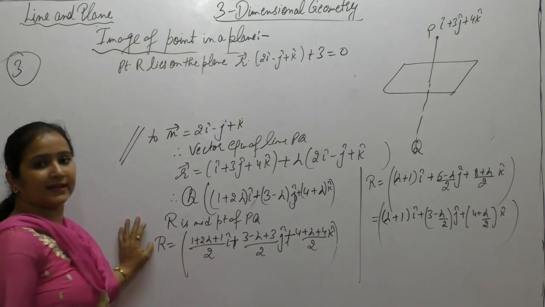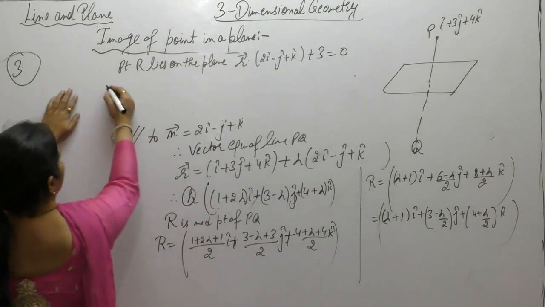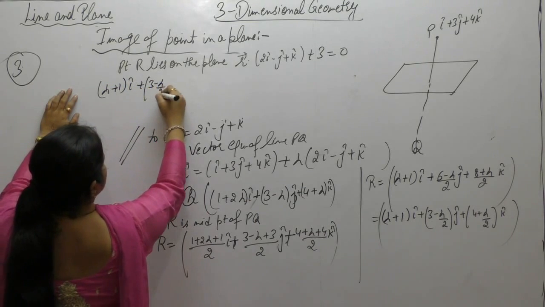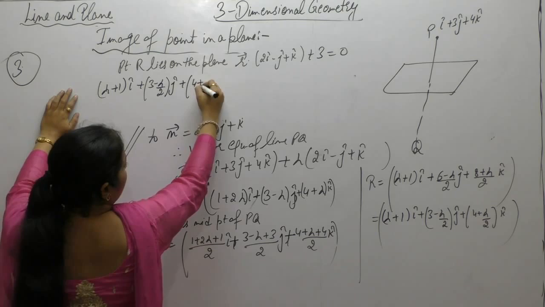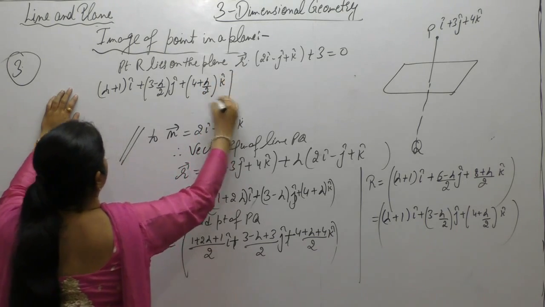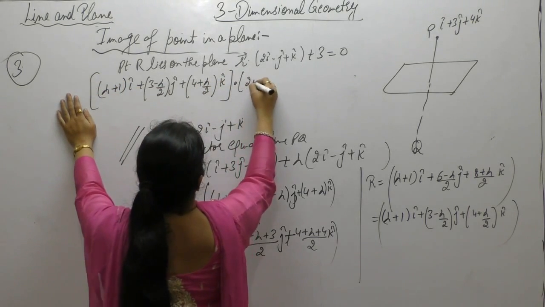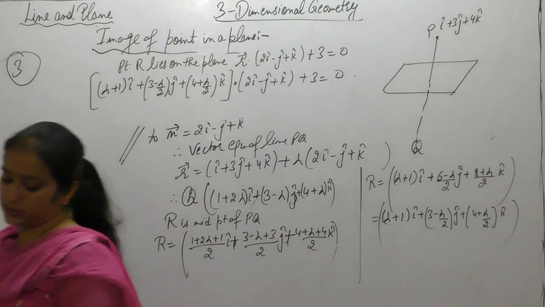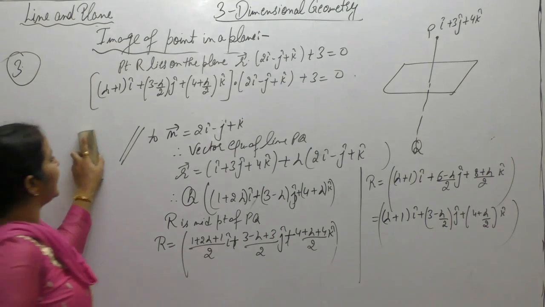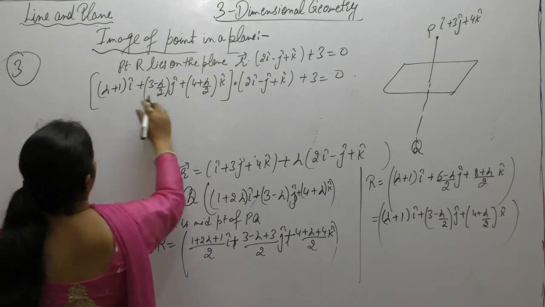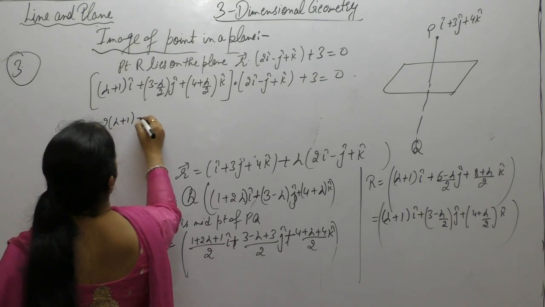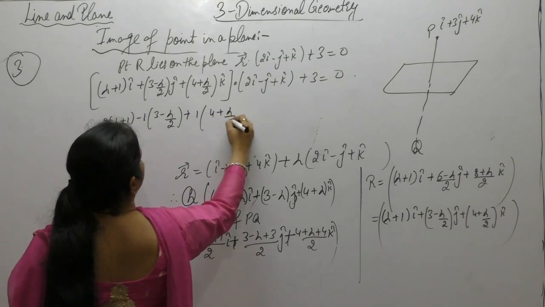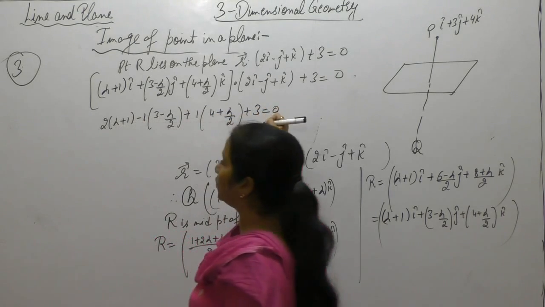R vector is (lambda plus 1) i cap, (6 minus lambda) by 2 j cap, (8 plus lambda) by 2 k cap, dot with 2i minus j plus k, plus 3 equals to 0. From here we will get the value of lambda: 2 into (lambda plus 1) minus 1 into (6 minus lambda) by 2, plus 1 into (8 plus lambda) by 2, plus 3 equal to 0.